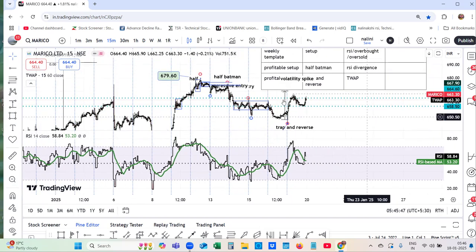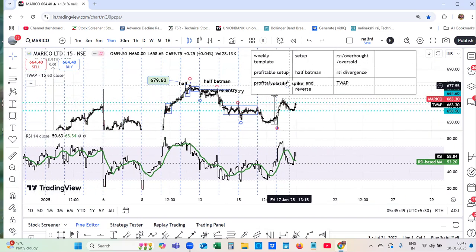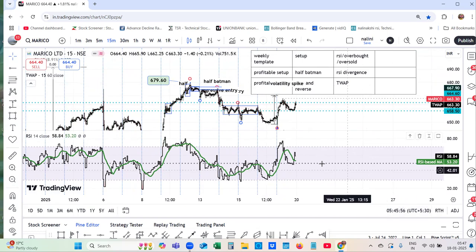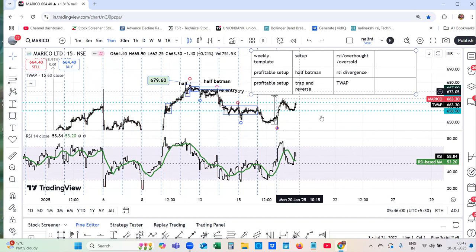This half Batman pattern or the Batman pattern is characterized by volatility spikes. You need to see sudden spikes in the market, consolidation and reversal. And you have to combine with RSI overbought or RSI oversold position to look for reversal templates, and you can trade with that.